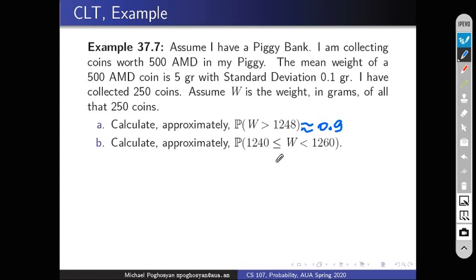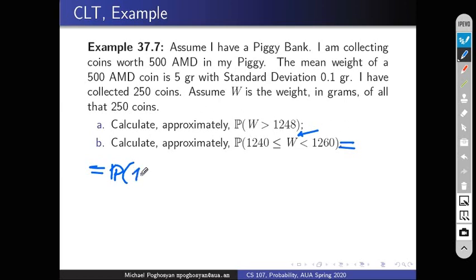Okay, now calculate approximately the probability that W will be between these 2 points, including this and not including that. I'm doing the same thing. My W is the sum x1 plus x2 up to x250.